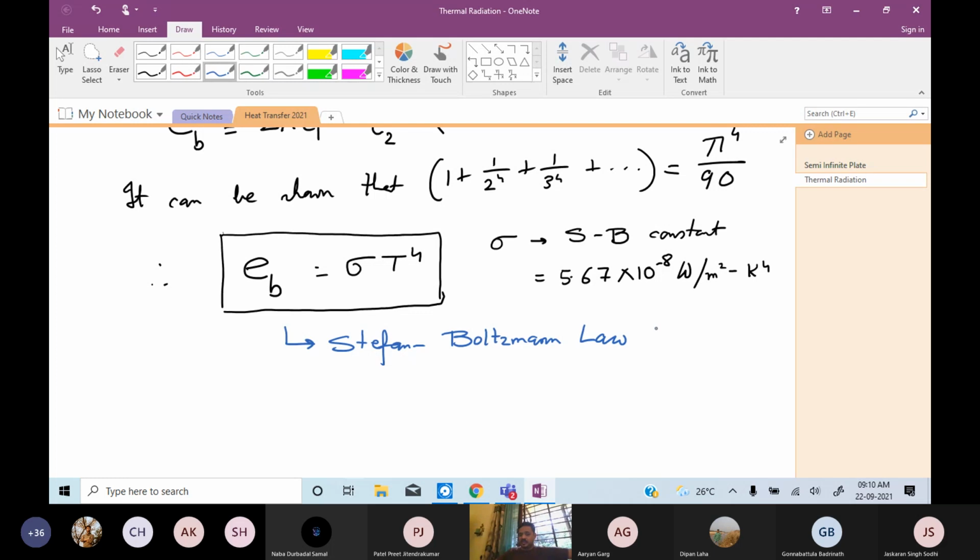So Stefan and Boltzmann didn't have the luxury of knowing Planck's law. Now that we know Planck's law, we can derive Stefan-Boltzmann from there. But actually, when Stefan-Boltzmann law was first presented, it was before Planck's law.